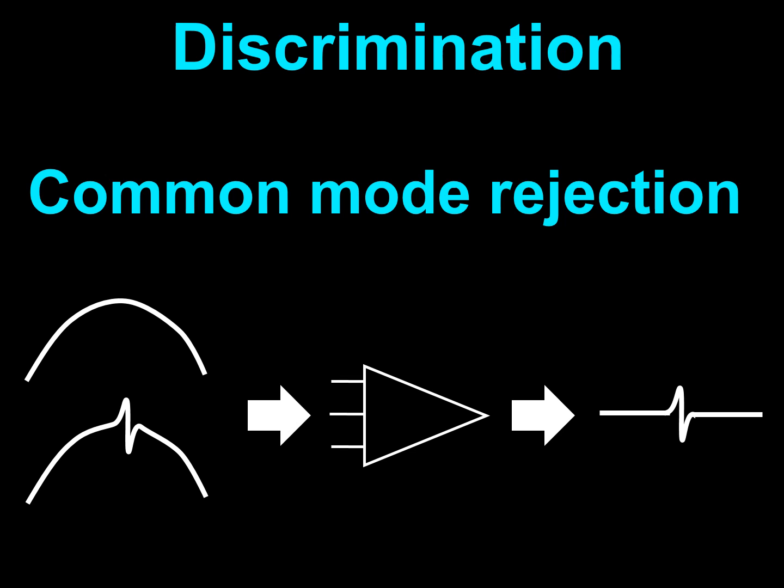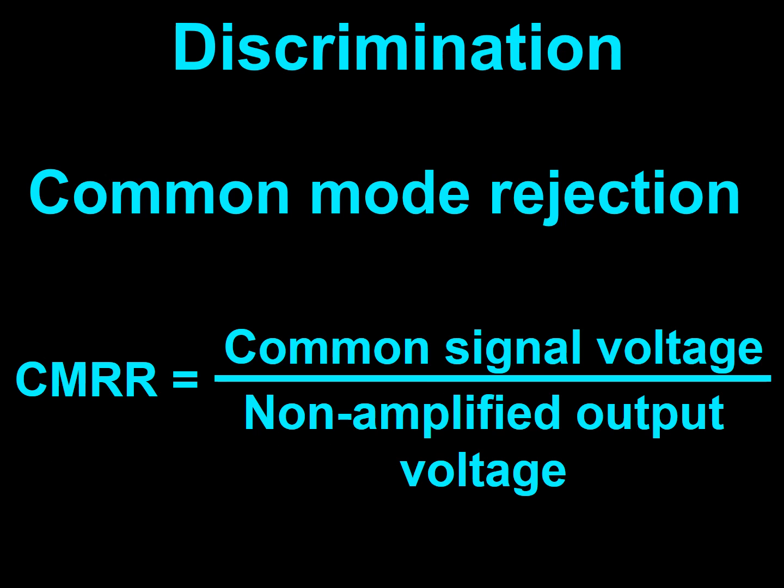This quality of a differential amplifier is given as a ratio. Hence, we talk about common mode rejection. A good differential amplifier will have a high common mode rejection ratio.